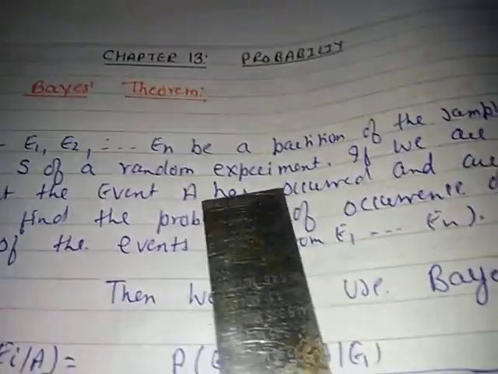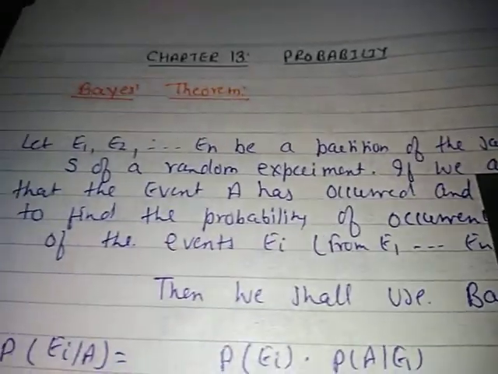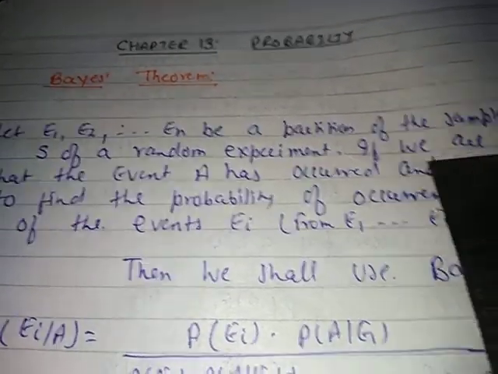Now I am going to explain. Just as I explained, E1, E2, E3 be a partition of sample space S of a random experiment.